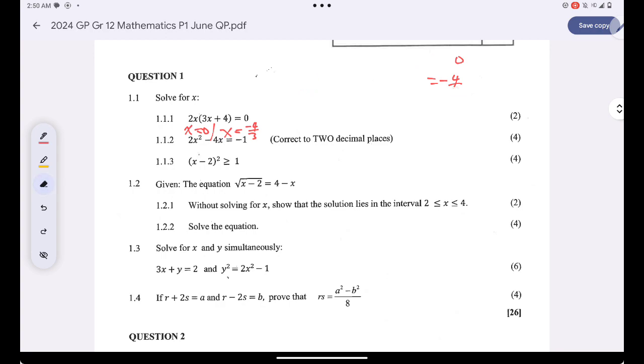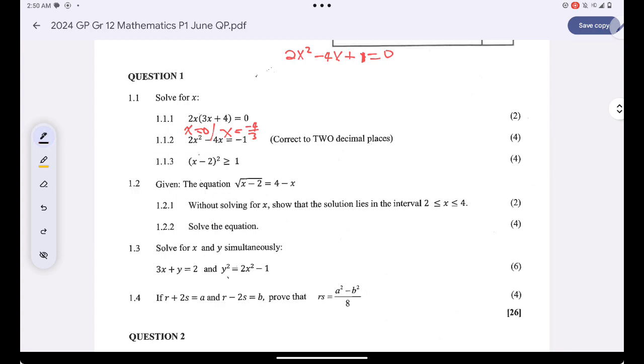Okay, and then for the second one, immediately guys, whenever I'm told to correct my answer into 2 decimal places, it simply means I cannot find the solution by factorizing altogether. The first thing I need to do is to put everything in standard form, plus 1 is equal to 0. Please note that for me to use the quadratic formula, I need to know the values of a, b, and c, right?